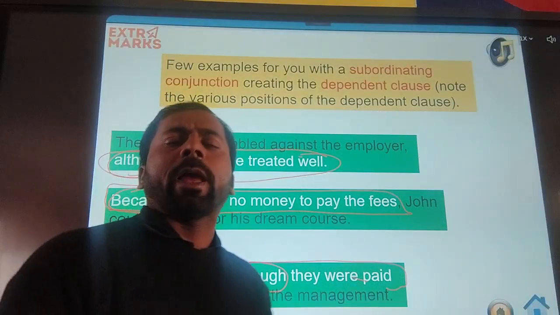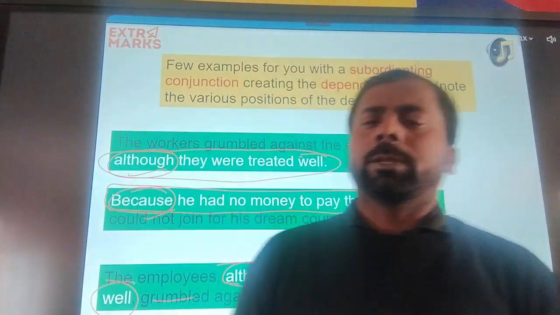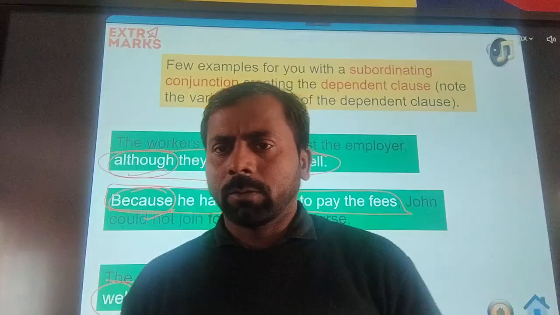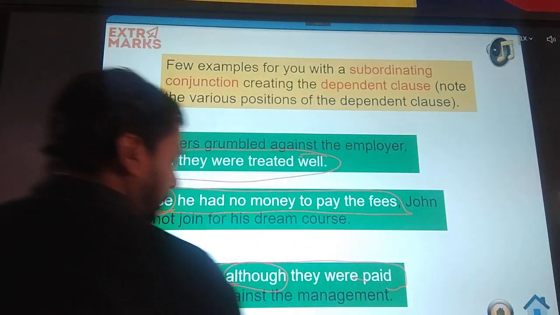When these conjunction words are added to any clause, that clause will be the dependent clause.